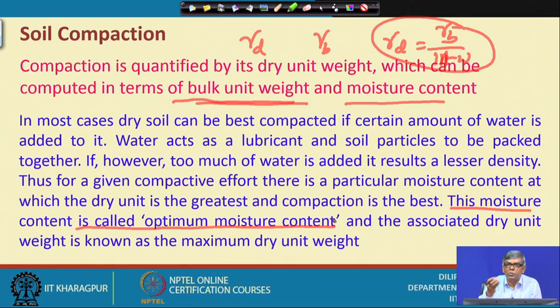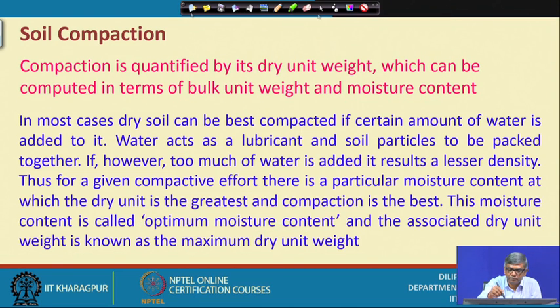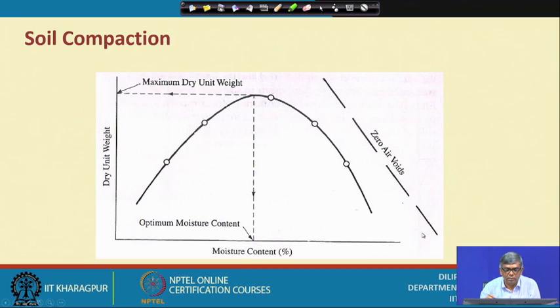That means how much water we have to add to get the maximum dry density. The resulting dry unit weight is called the maximum dry unit weight. That has to be specified most of the time. If a soil is tested in the laboratory, we generally get a compaction curve.